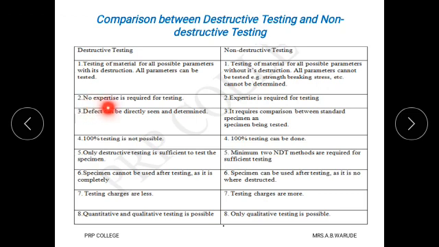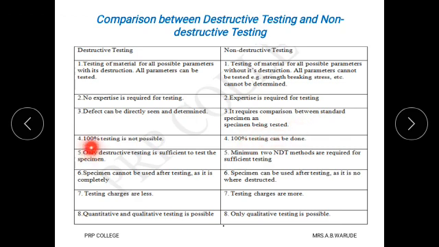Second, no expertise is required for destructive testing, but in NDT method, expert persons are required for testing. Third, defects can be directly seen and determined because it is with the actual destruction of material, but in case of NDT, it requires comparison between standard specimen and the specimen being tested.